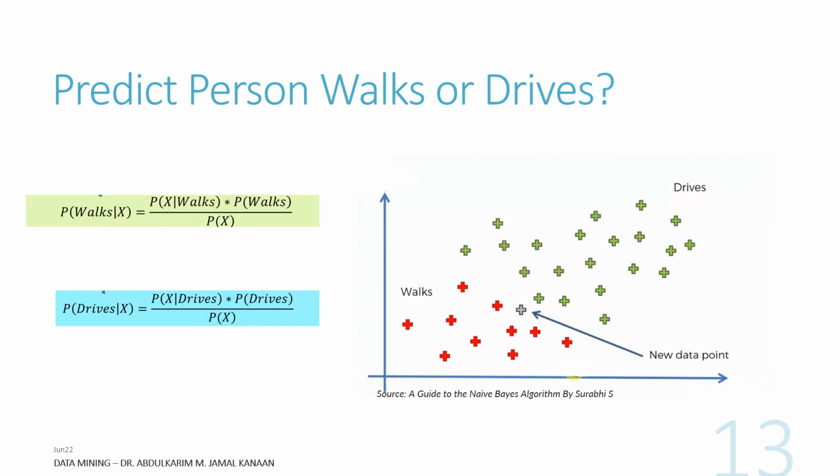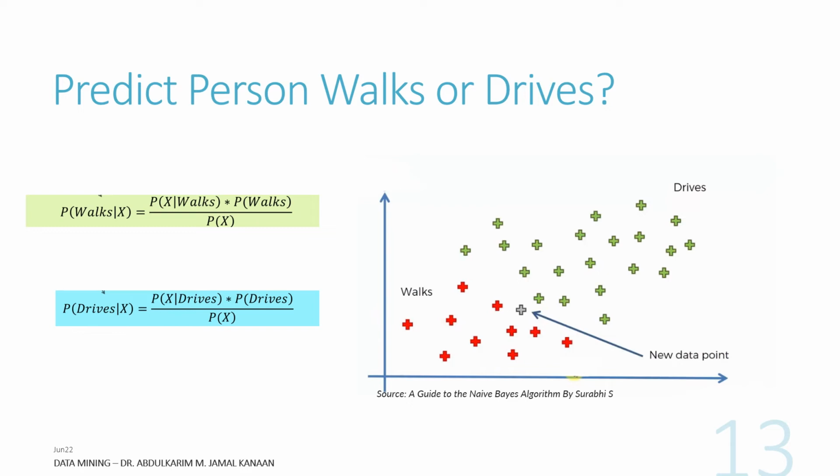Using Bayes theorem, we're going to find the probability that the person goes to the office by walking, given the input features, which are age and salary. And also we're going to calculate the probability that the person drives, given the features age and salary. Based on these two probabilities, we find the final result.